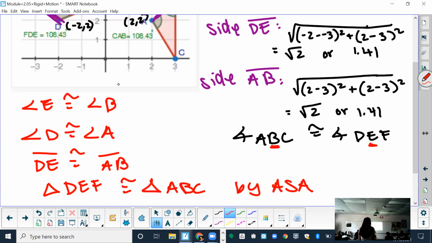So that's the same as what we wrote up here, that angle E is congruent to angle B. So don't get confused by that. When it says it like this, it's saying basically it goes A, B, C, right? So the B matches angle E and stuff like that. Questions?